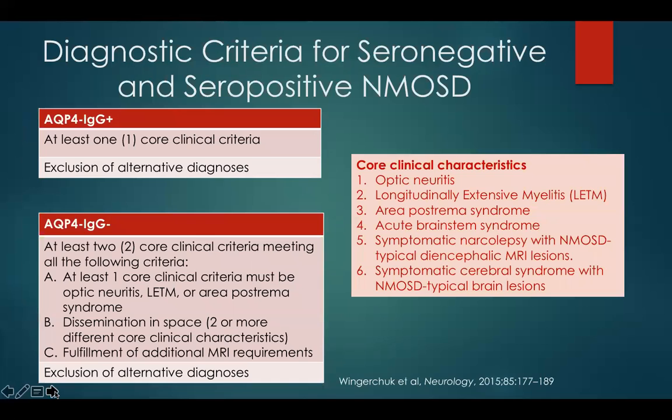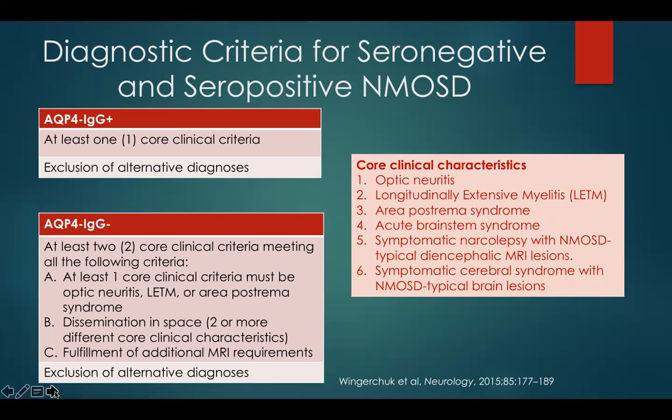So here are the diagnostic criteria that I briefly mentioned, published in 2015. If you have a patient who is aquaporin 4 positive, they only need one core clinical criterion, listed here on the right.